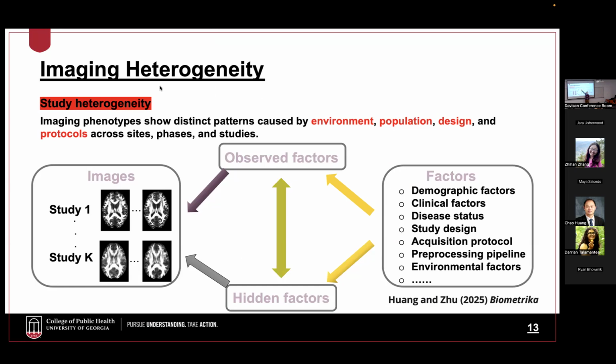Which means that sometimes you detect a significant association between your imaging phenotypes and some factors of interest, but this significant result doesn't mean anything if there are hidden factors associated with your factors. It's more like causal inference. If you have unobserved confounders over there, all this causal inference result is unreliable, okay?